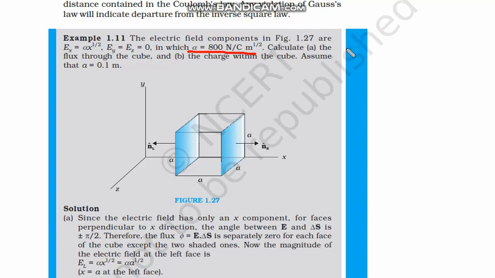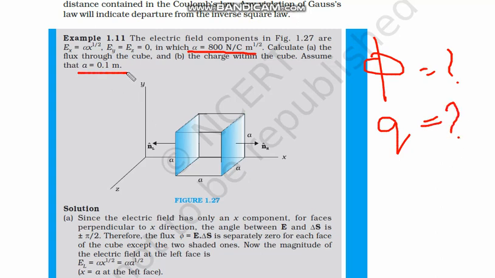Now we have to calculate two things. First, the flux phi through the cube, and second, the charge q within the cube. So we have to calculate these two quantities. We are given that A is equal to 0.1 meter, so the side of this cube is 0.1 meter.